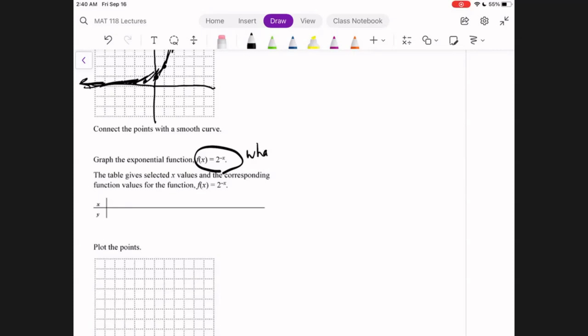So what x value you plug in will switch signs. Right? So for instance, if I plugged in a +2, it's going to act like 2 to the -2.